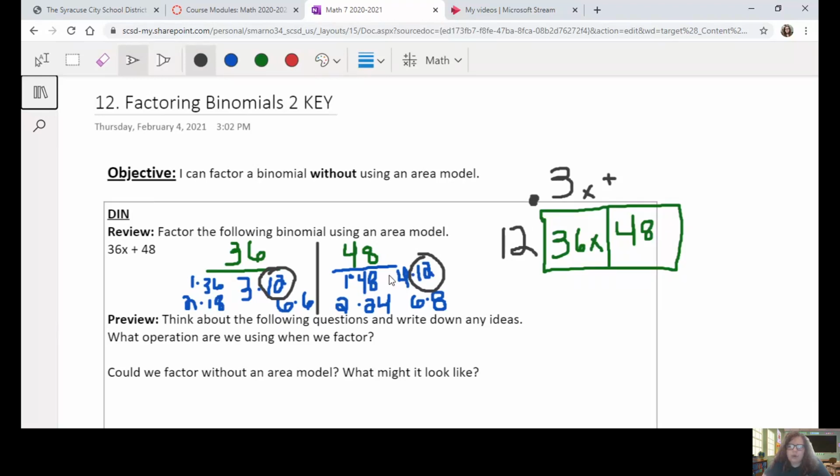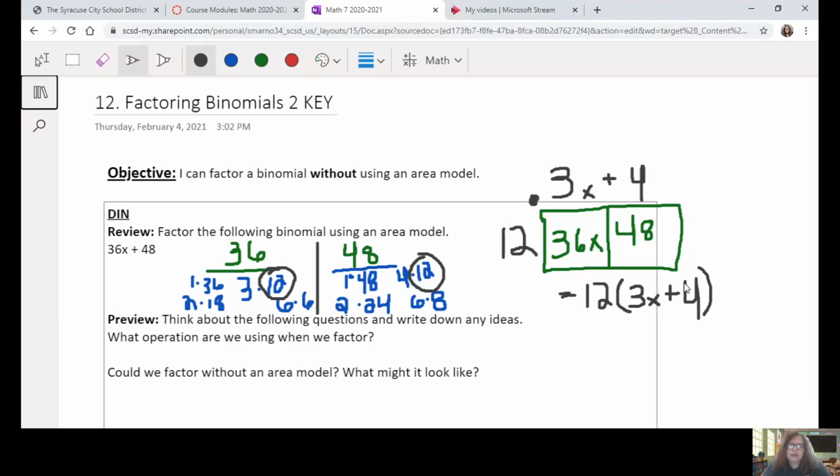We needed a 4 times 12 to get to 48. So we have to put that same 4 over here. And that is our new product of the GCF and a new binomial that when multiplied will equal the binomial that they gave us. Okay, so that is our answer for the DIN review.